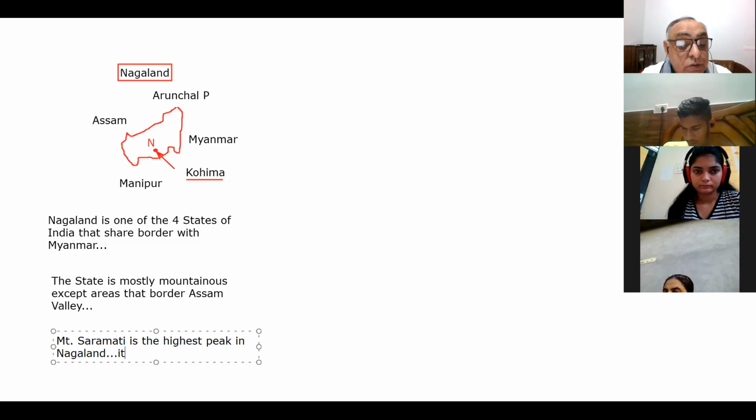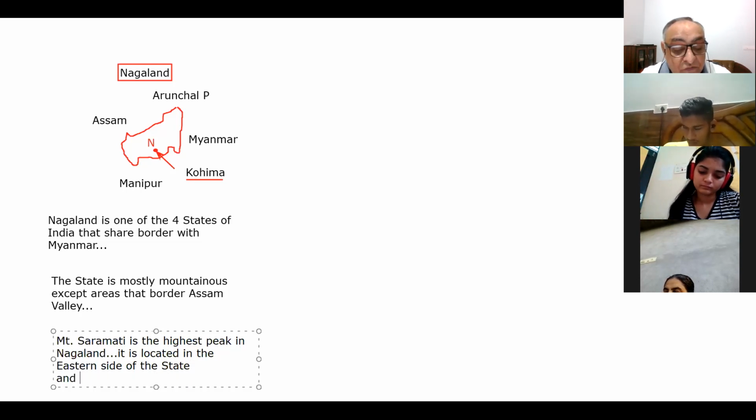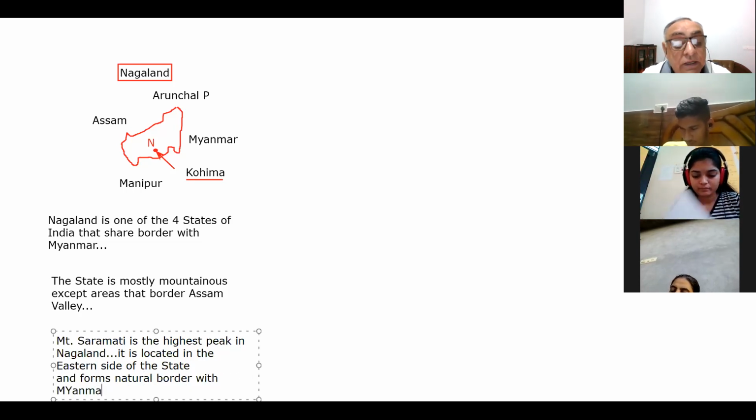It is located in the eastern side of the state, and forms natural border with Myanmar.